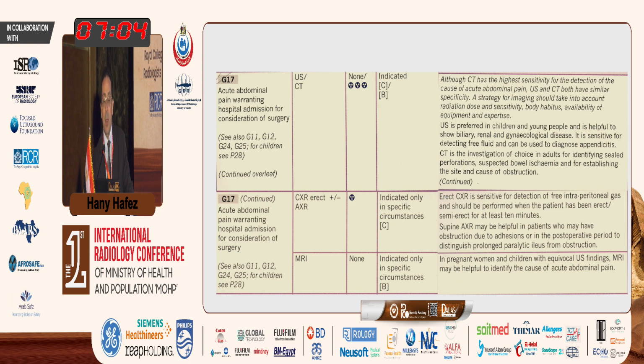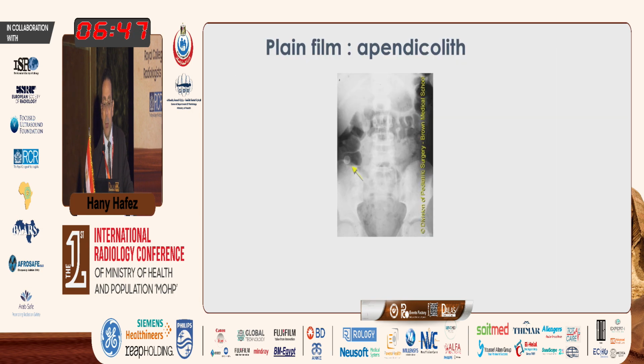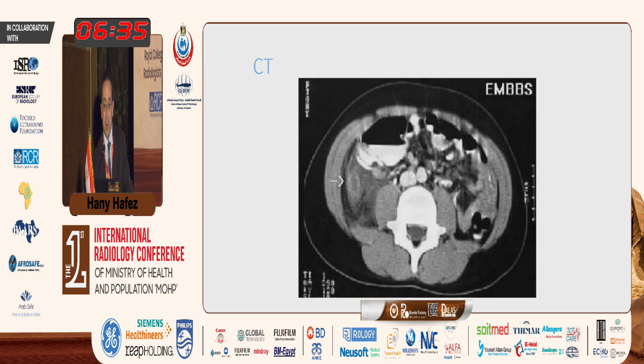In acute abdominal pain, the first imaging modality is ultrasound. It is wrong to ask for CT abdomen from the start. Also in children, it is preferable to perform MRI. Here is a plain film; in appendicitis there is thickening of the wall of the appendix, but it needs some expertise.